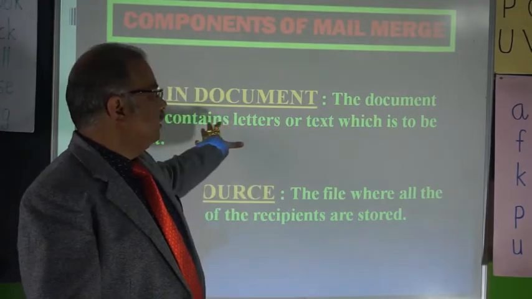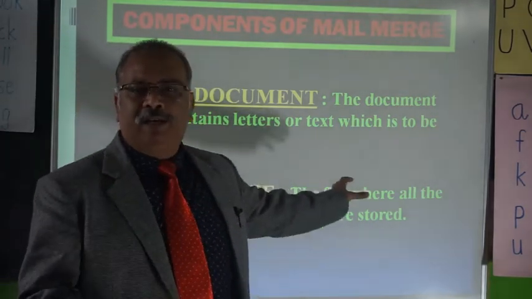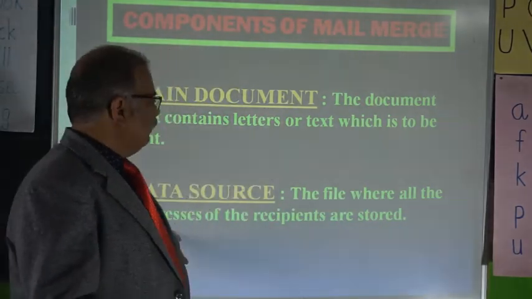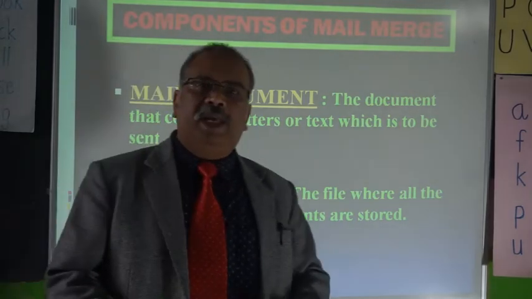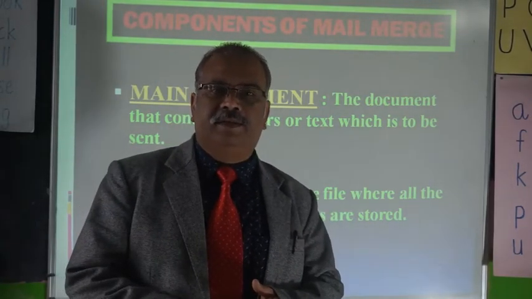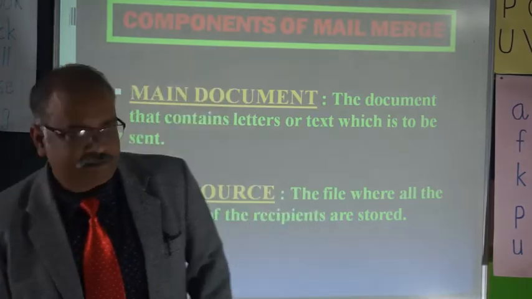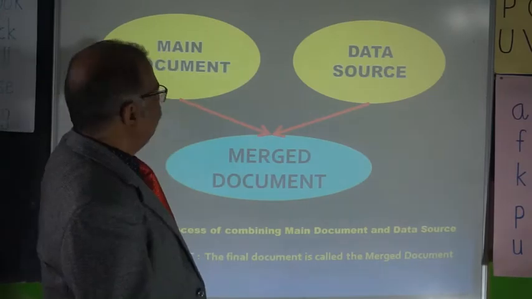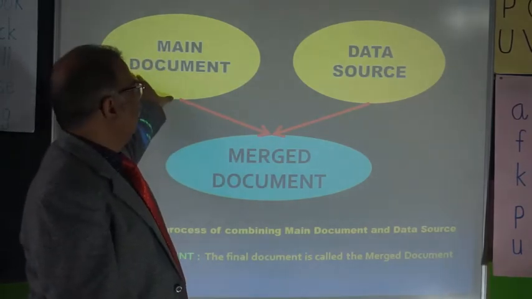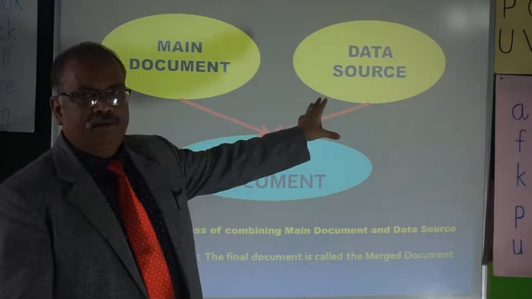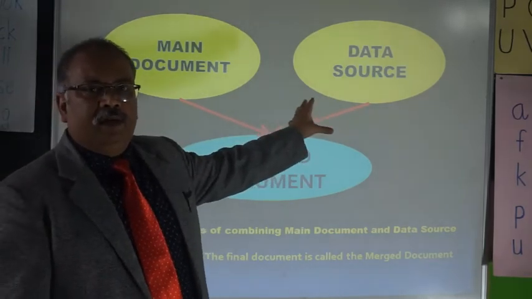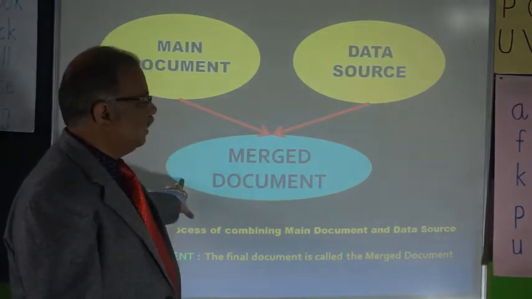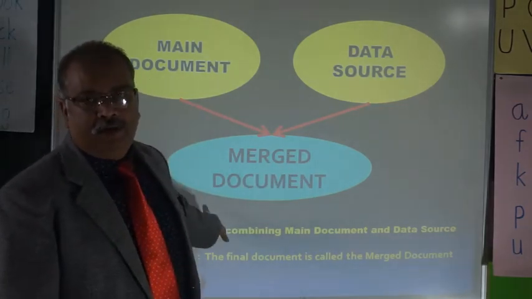The first one is the letter that you have written for this function, where all this information will be there, and the other one is the file where you will be writing all the names, their addresses, etc. Now here you can see these two things which I told you earlier, the main document and data source.